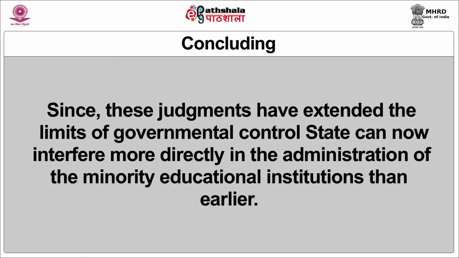Since these judgments have extended the limits of governmental control, the state can now interfere more directly in the administration of minority educational institutions than earlier. Further, the course of politics might be misused by the government to fulfill their political aspirations.